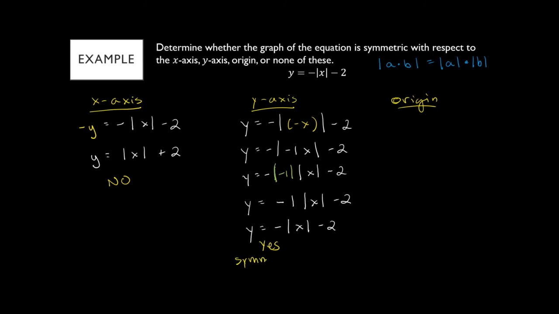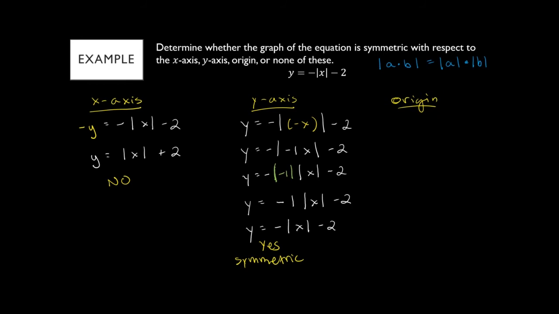we do have a symmetry across the y-axis here because we got the same equation out. And then to test the origin, this is going to end up in the same situation as those other ones did, where our -x is going to cancel out, basically, and give us back the same thing.